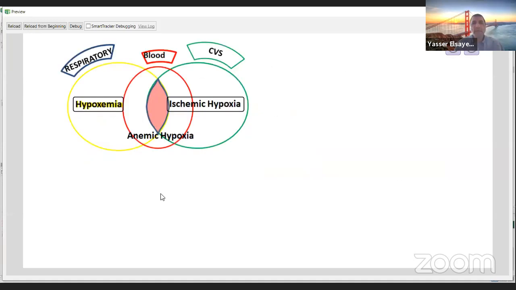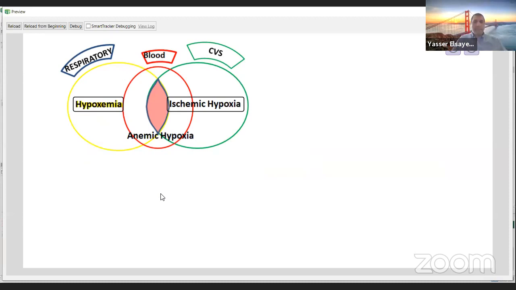So we need to understand how the body compensates for cardiovascular instability. The body compensates by different mechanisms, and the steps of compensation, as I mentioned before, are 4. Remember the number 4 as a magic number in this presentation.